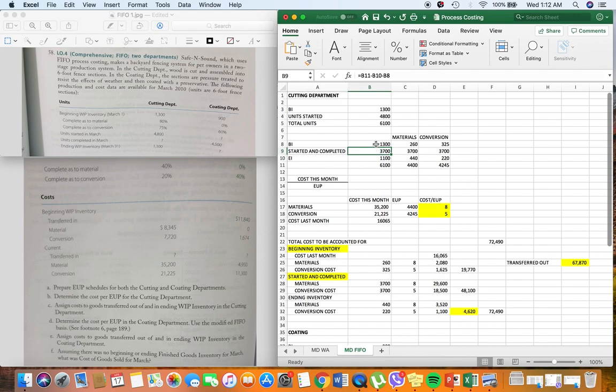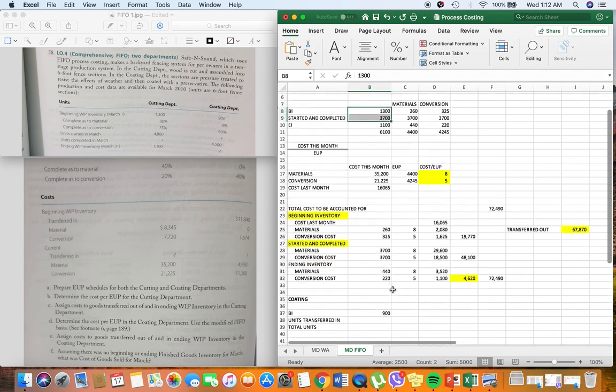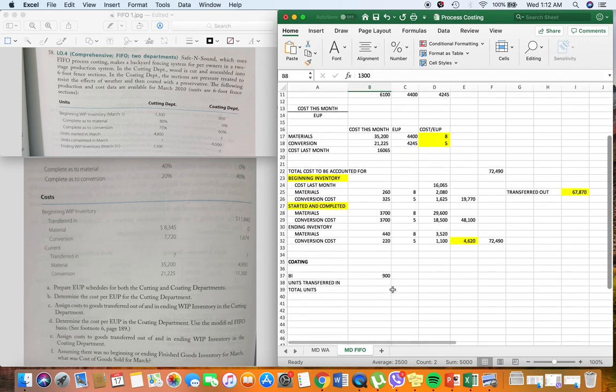So, when we get the sum of the two, pag in-add natin yan, we have 5,000 units. These are the total number of units we have completed in the cutting department and transferred out, 'di ba? And transferred in the coding department. So, lagay natin dito 5,000.